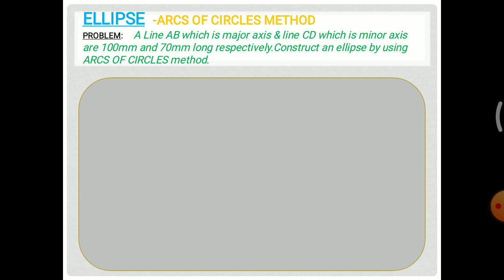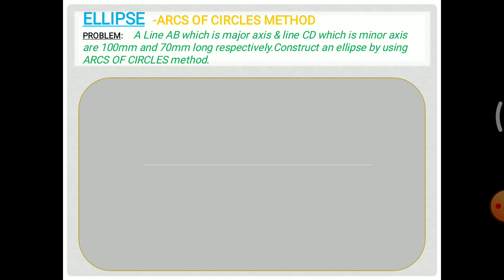When they are giving the major axis and foci point, we have to define the minor axis, and when they are giving the minor axis and foci, we have to define the major axis. So of the 3, they are giving 2 on the problem, we have to define the third. So in this question they are giving the major axis and minor axis, we have to define the foci points. Let us see the procedure here.